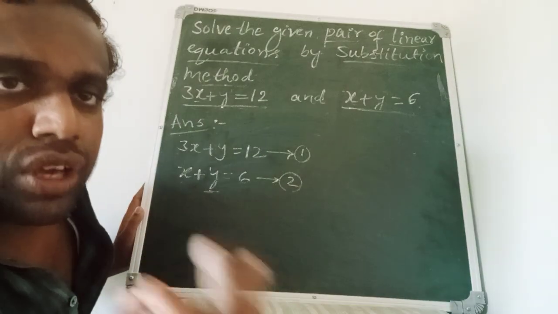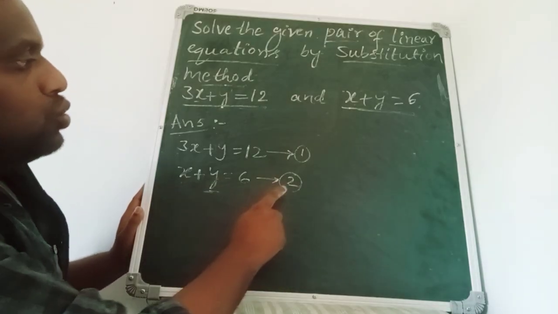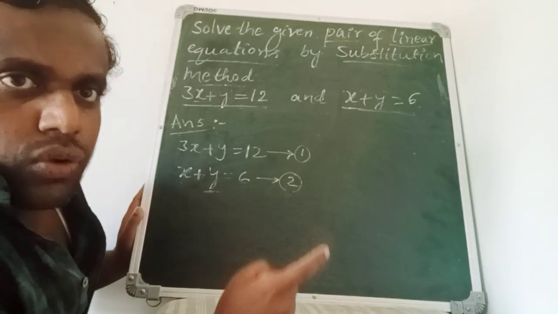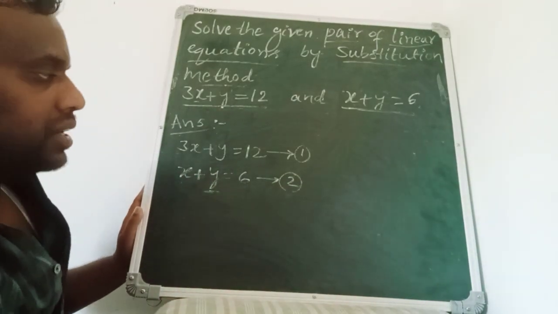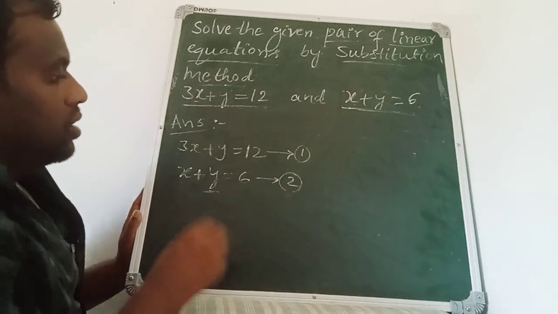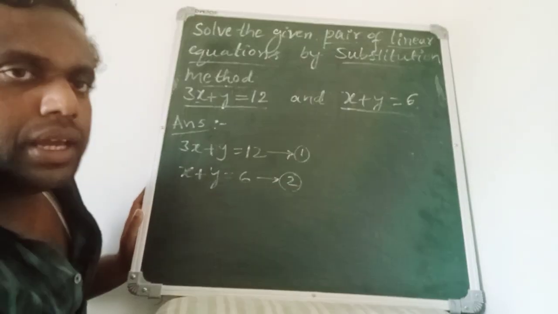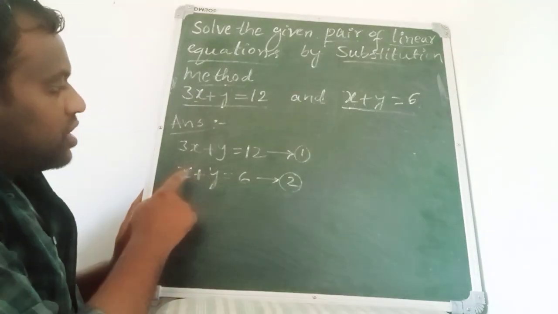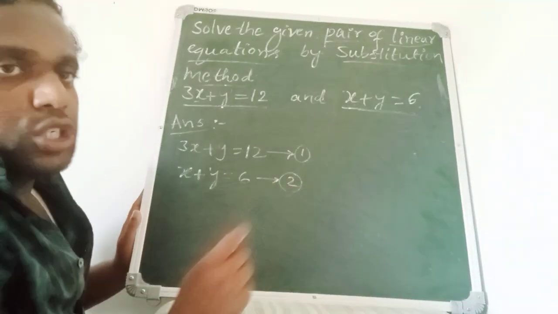That means using this equation 2, we have to find what y is equal to. Why am I using equation 2 only? Because it is easy for us. Here coefficient is 1, here also coefficient is 1. That's why I am taking equation 2 only.